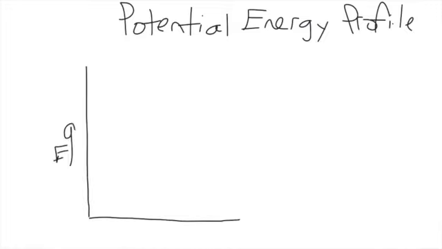Now let's take a look at the same chemical reaction that we looked at on the last slide, but also factor in something called the potential energy profile. The potential energy profile is a graph that shows the energy increasing on the vertical axis and time increasing along the horizontal.